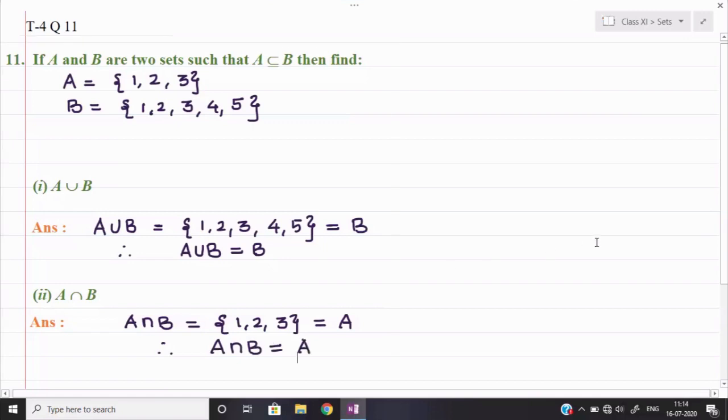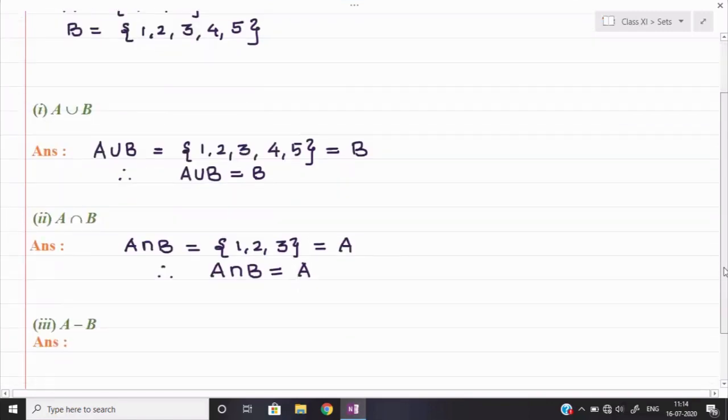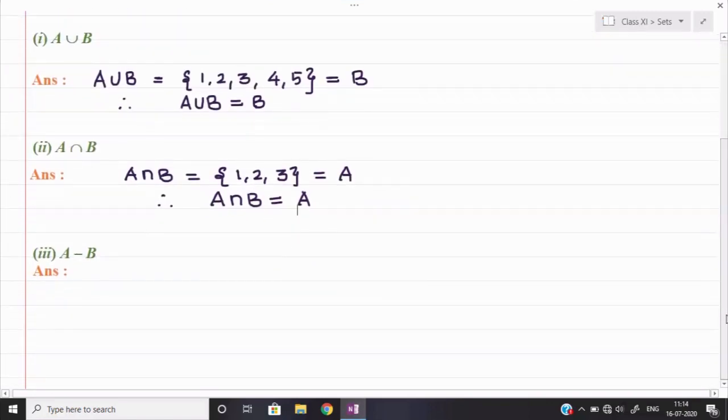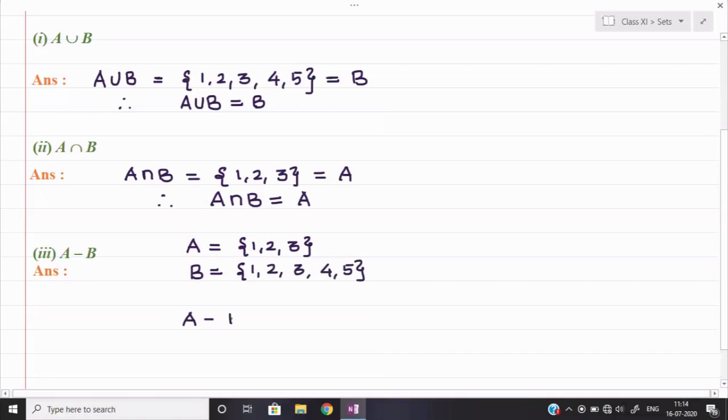Right, now similarly let us see the last part, then we shall generalize our concept. So here they are asking A minus B. See what is the value of A I have. If I write down here once again, A is given to us as 1, 2, 3, and B is given as 1, 2, 3, then 4 and then 5. Now I need to find A minus B. So to find the subtraction, you know that first we cancel the common elements.